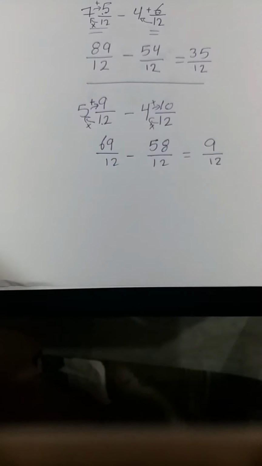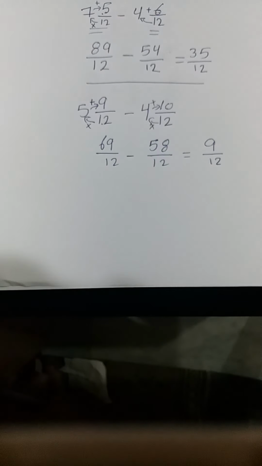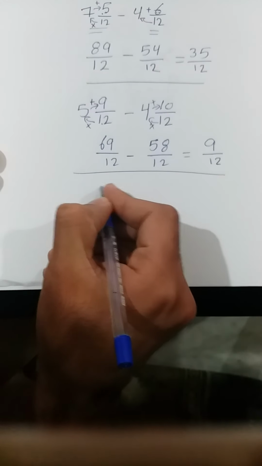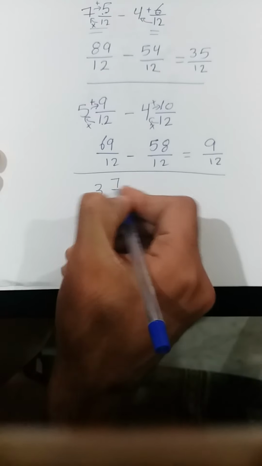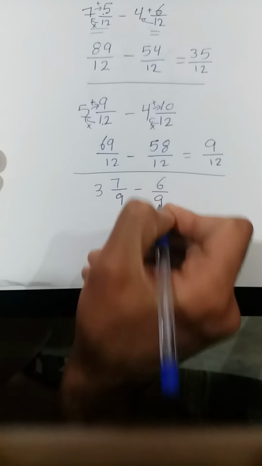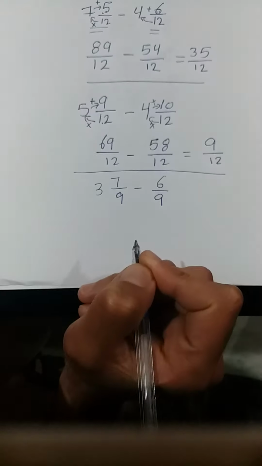Let's go to the fifth one. The fifth here is 3 7 over 9 minus 6 over 9. Can I minus it? No, teacher.